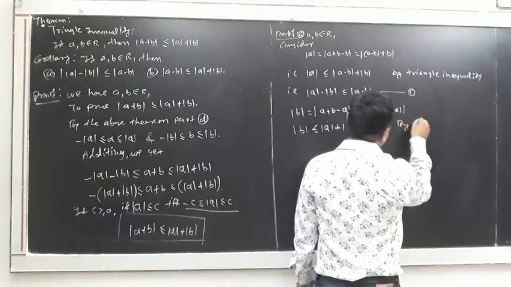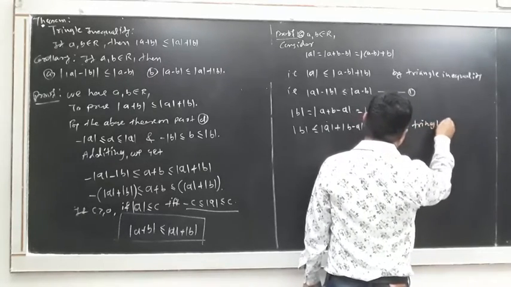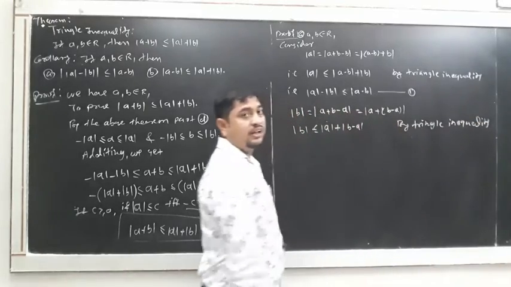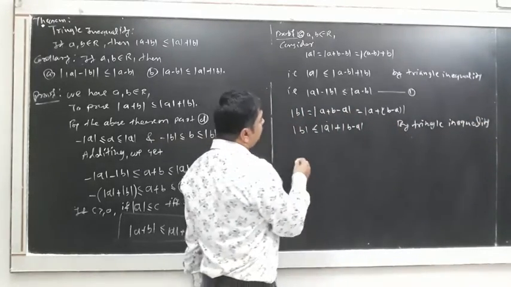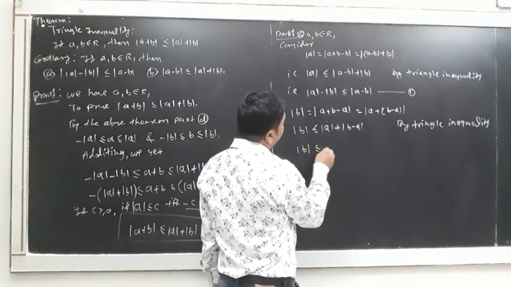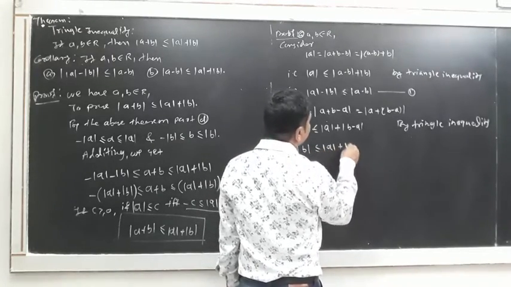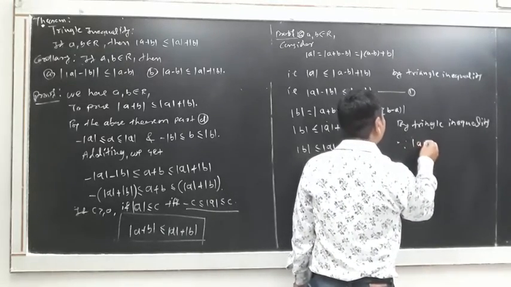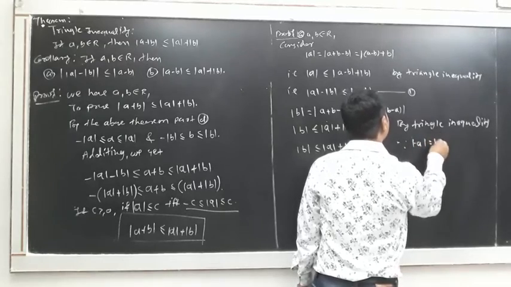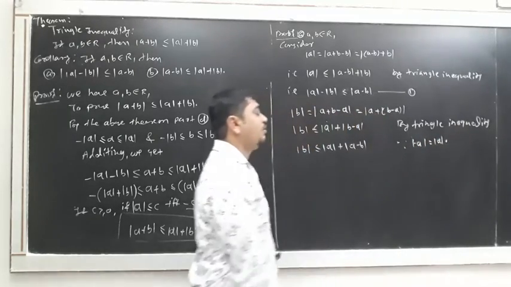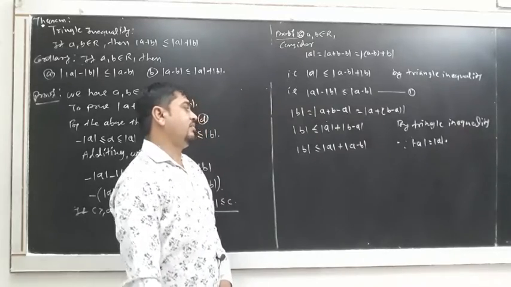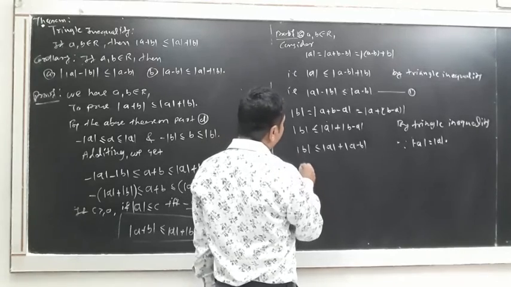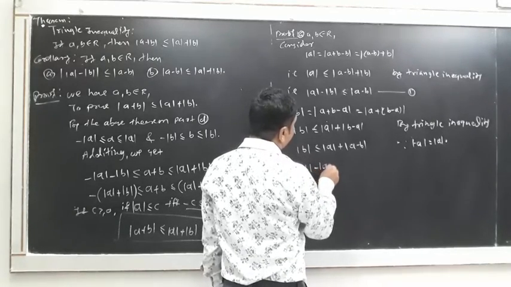So |b| is less than or equal to |a| + |a - b|, since |b - a| and |a - b| are the same. Therefore |b| - |a| is less than or equal to |a - b|.